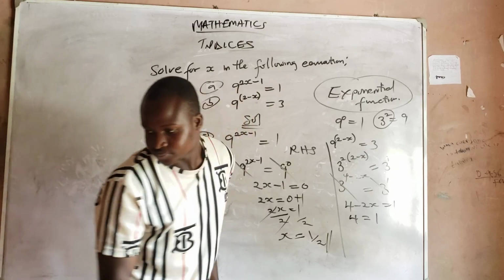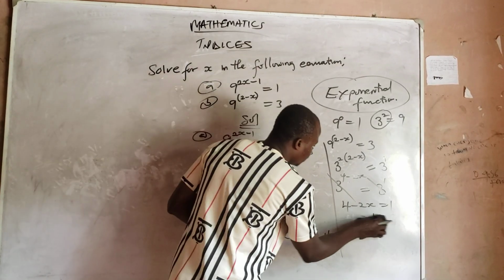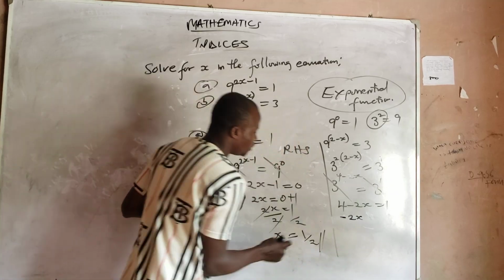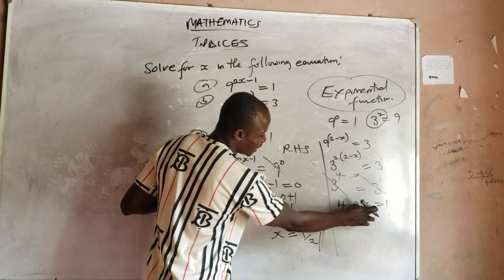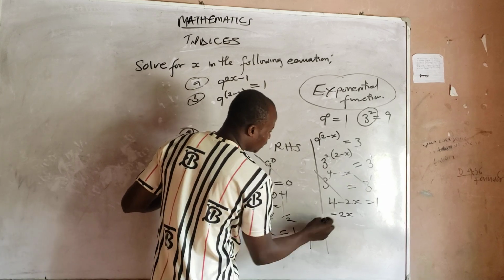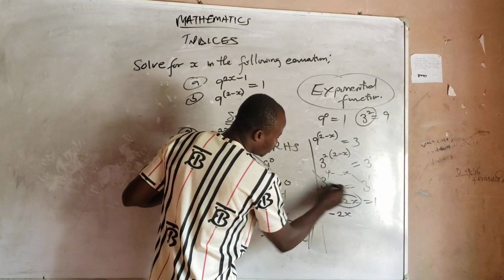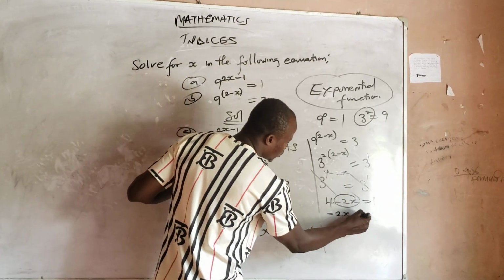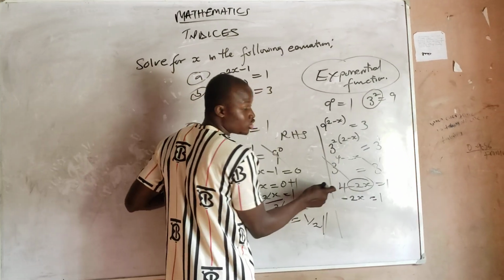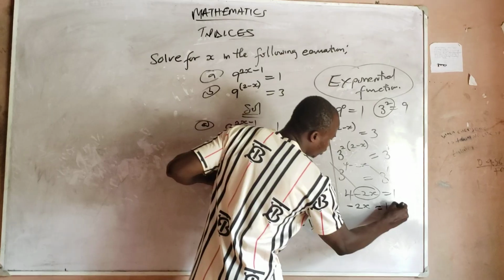You have minus 2x. 2x and 1 are not like terms, right? So this 4 we cross the equal sign. Don't forget that this is minus 2x on its own. Minus 2x is equal to 1. This 4 is plus, and if you cross the equal sign, it turns to minus 4.